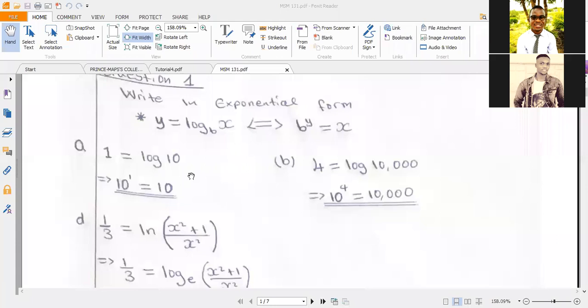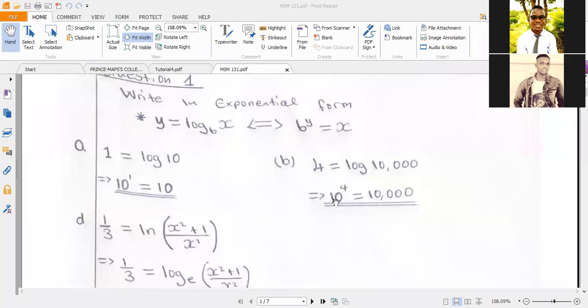So the B part is saying 4 is equal to log 10,000. Just like I mentioned, if it doesn't have a base, then automatically the base is 10. So your base is 10, which is our b.